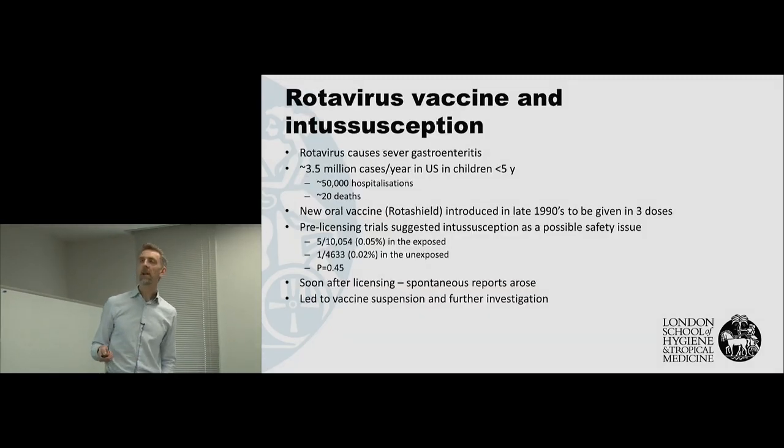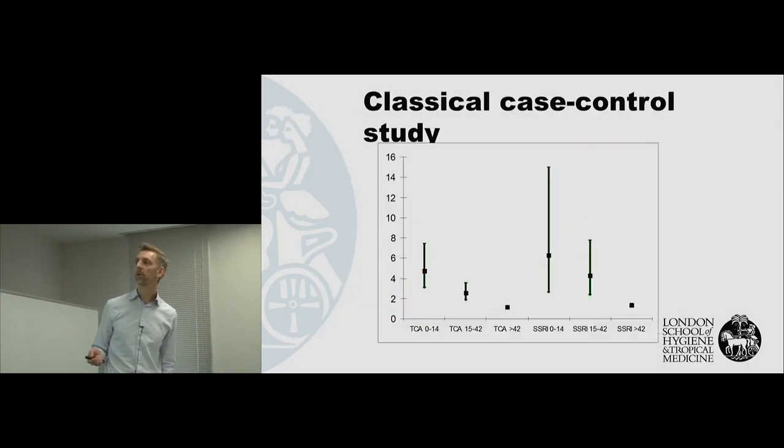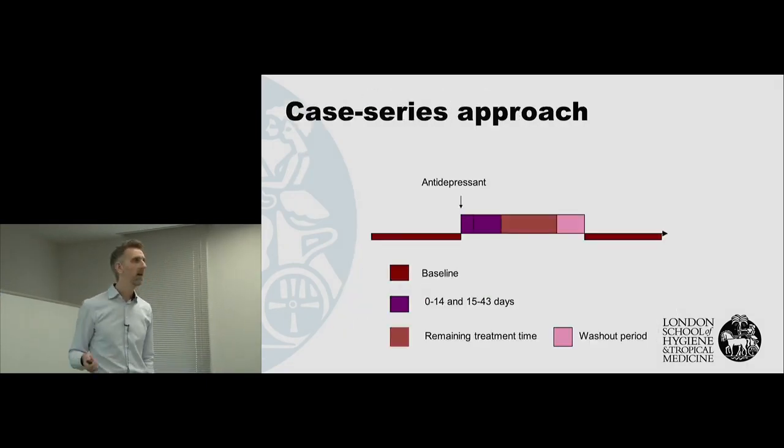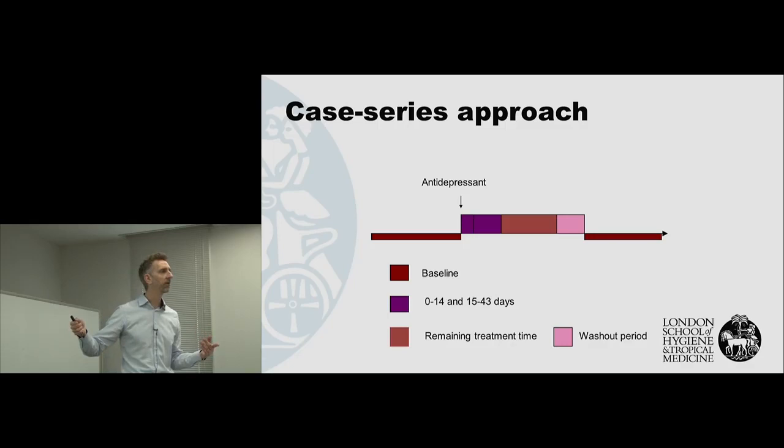The thing that really matters with this study design is that, unlike in the case control study where we're comparing against very different people, here we're comparing a person against themselves. And so we are making an assumption that important risk factors are fairly static over the observation period.